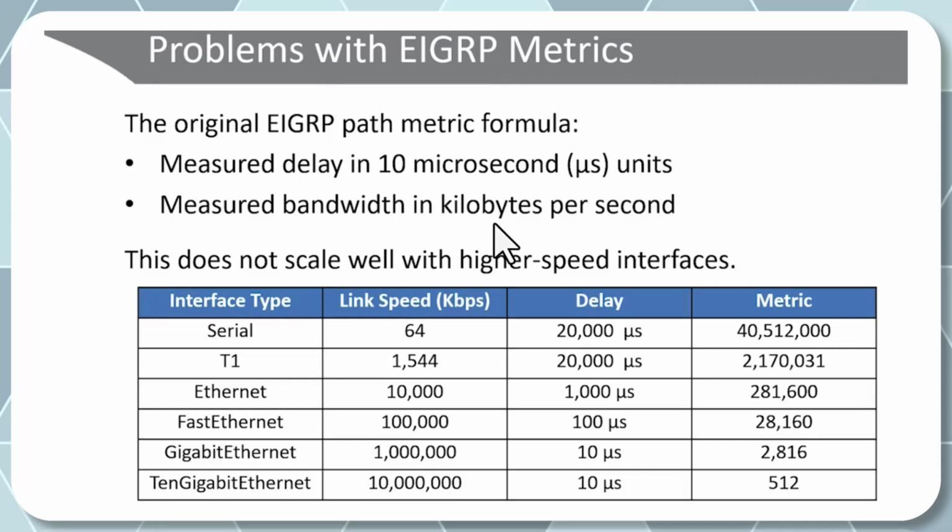This does not scale with higher speed interfaces. As you can see, for 10 gig and for 1 gig and for 10 gig, the delay is the same. That is a problem. So that's why the old EIGRP, the non-named one I'm talking about, is not good. It will cause problems for us.